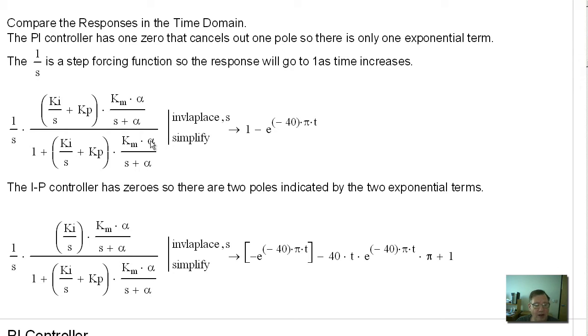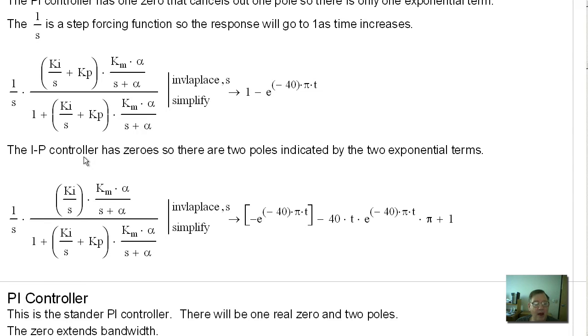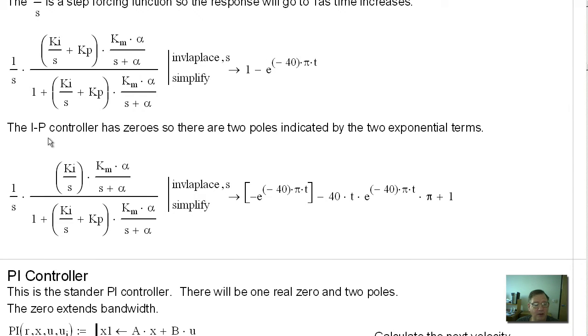First, I want to talk about the PI controller. And the PI controller, notice that all the controller gains are in the numerator and the denominator. In the I minus P controller, only the integrator is in the forward path, and the integrator and the proportional gain are in the feedback path.